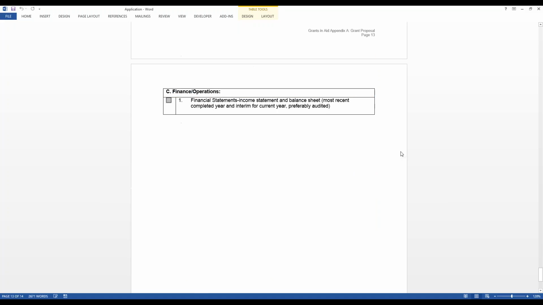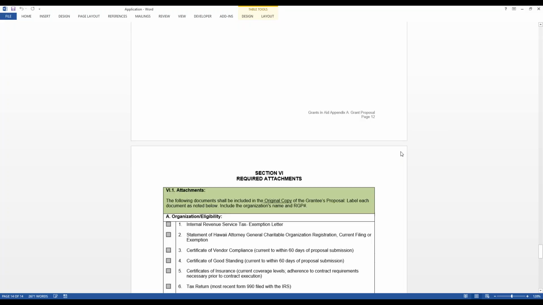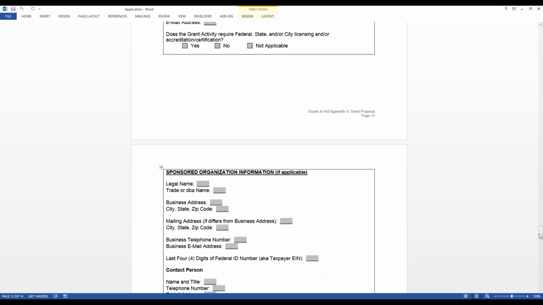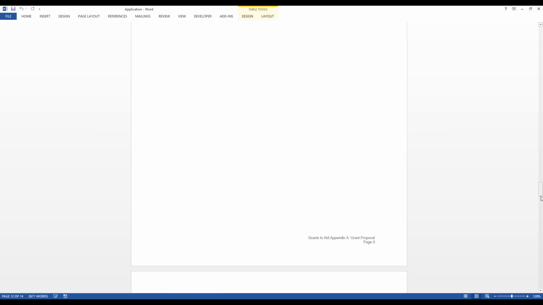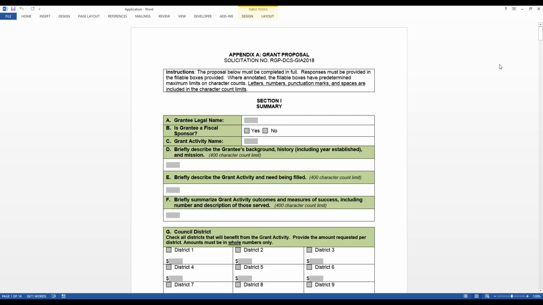So this concludes my page-by-page overview of your grant proposal. Again, before I close this, make sure you fill out all the sections, be very clear and concise in answering. Make sure you sign the application and submit the original, the application with the original signature.